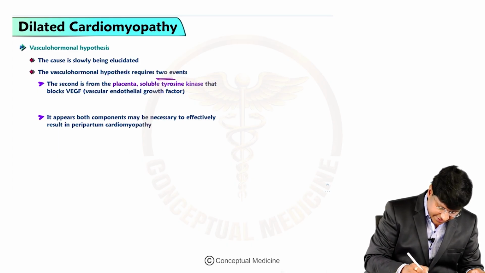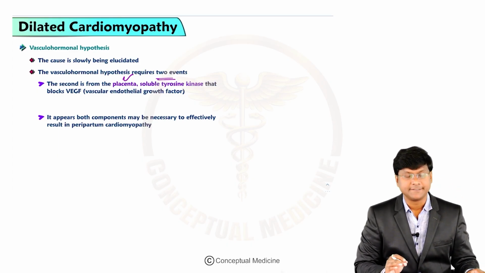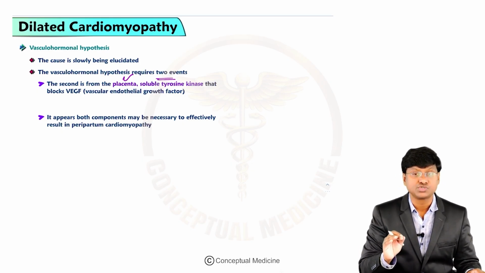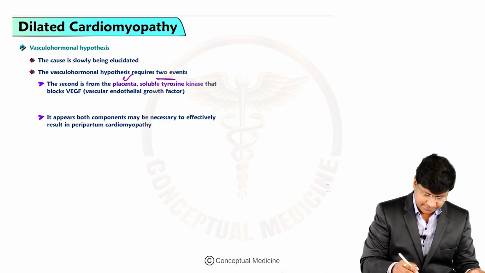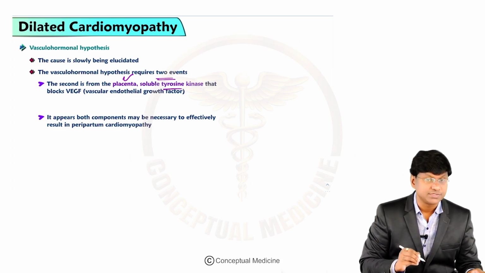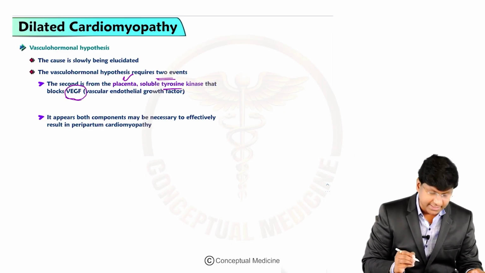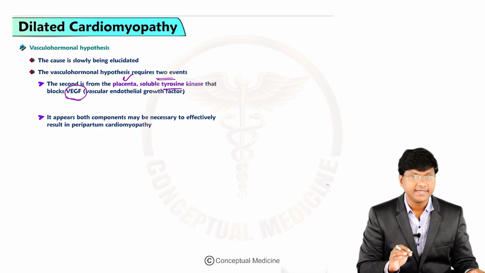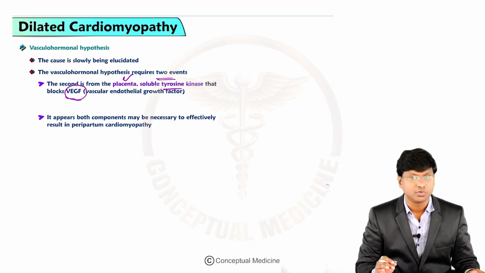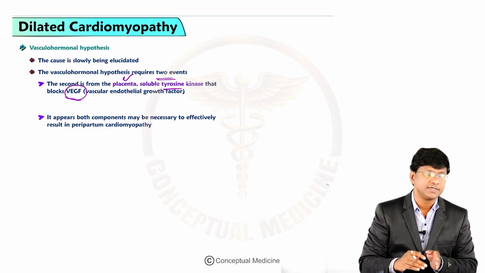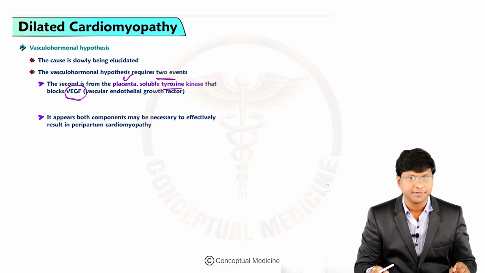The second event is from the placenta. From the placenta, there is release of a substance called soluble tyrosine kinase. And what will this soluble tyrosine kinase do? It will block the vascular endothelial growth factor, and this will be responsible for the development of the dilated cardiomyopathy.